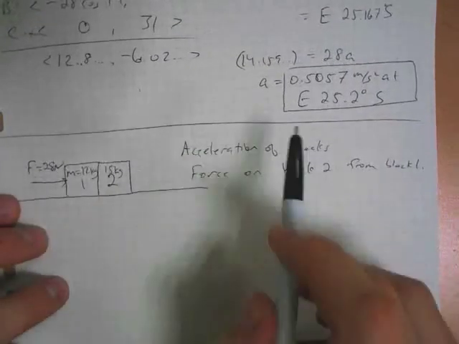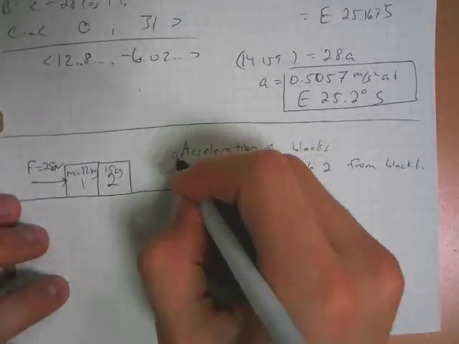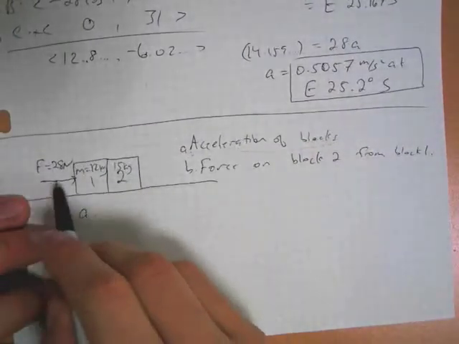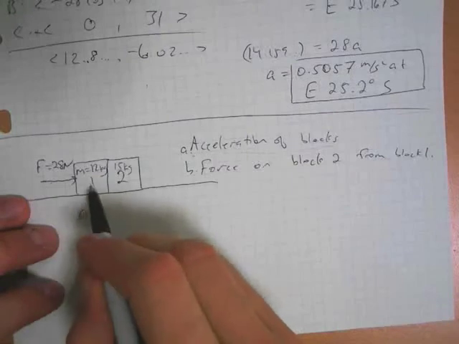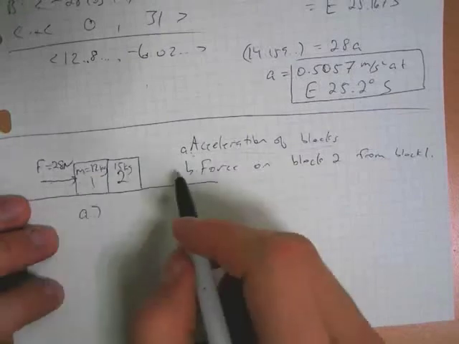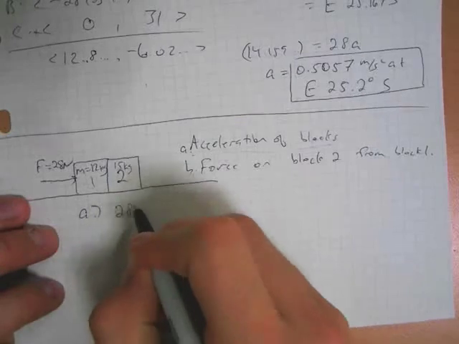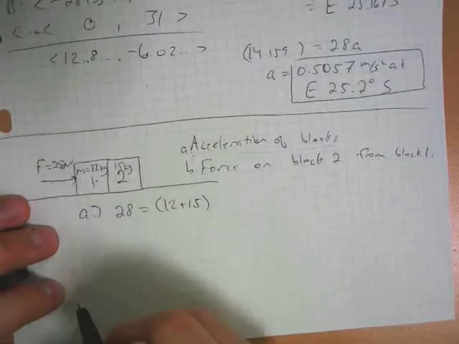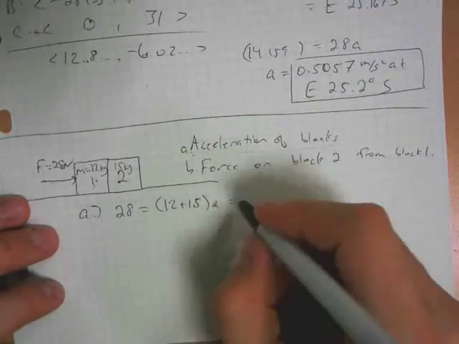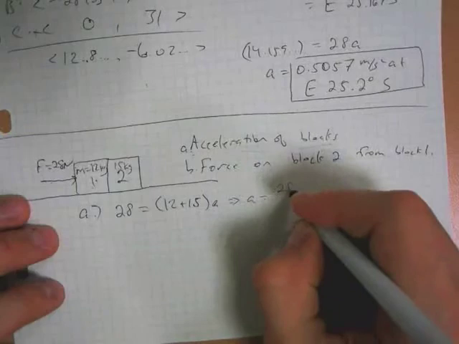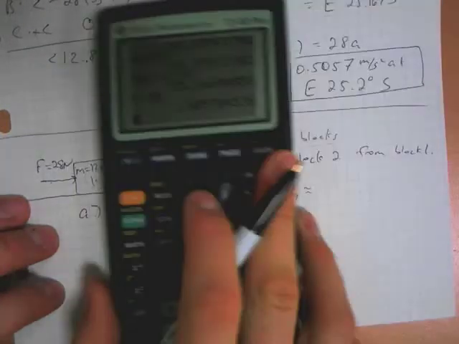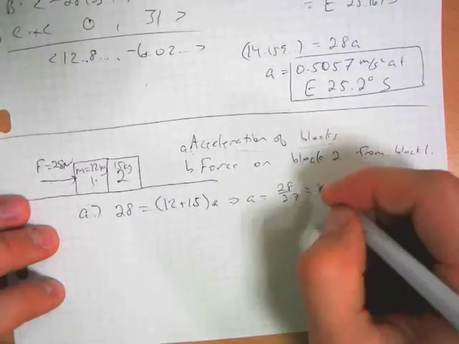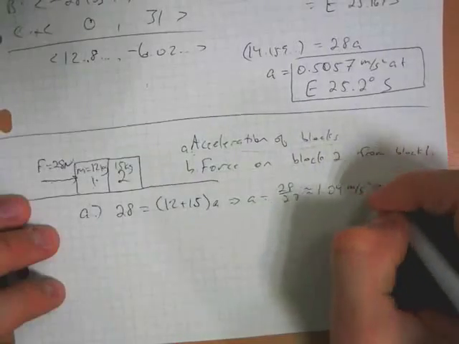So to find the acceleration of the blocks, call that A and B. For part A, both the blocks are being pushed by this force of 28 newtons, and if you're pushing on one, they're going to stick together and move. So we just have a net force of 28 newtons. We have a total mass of 12 plus 15, and then we want to know what our acceleration is. So our acceleration is just 28 over 27, which is 1.037. Call that 1.04 meters per second squared to the right.